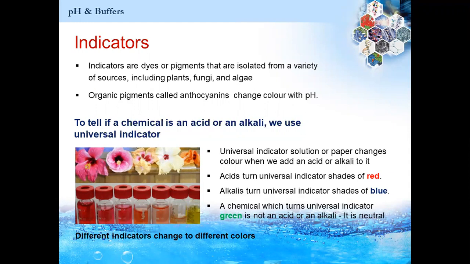That means if a sample which is basic in nature is added to the universal indicator, it changes its color to blue. And if an acid is added, it changes its color to red. And a chemical which turns the universal indicator green is not an acid nor an alkali, so it is said to be neutral.